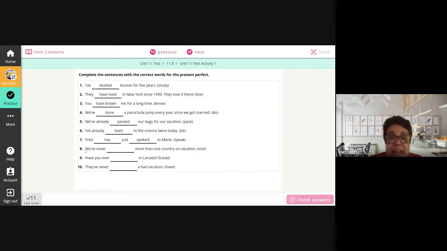Now, number 8. We've never more than one country on vacation. Here, we have the auxiliary. We've is the same as we have, but it's contracted, okay? So I don't need to include an auxiliary because it's already here. I need to use the past participle of the verb to visit, okay?